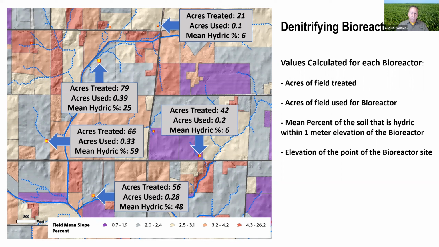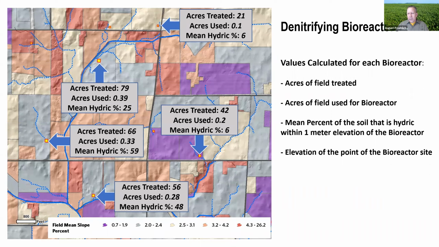And then we can go through a process that's kind of convoluted, but will allow us to establish some values that will help us identify places that, should they be in need of nitrate removal treatment, we can know that some of these are bigger opportunities or some are smaller opportunities, depending on the field and the needs of the producer.